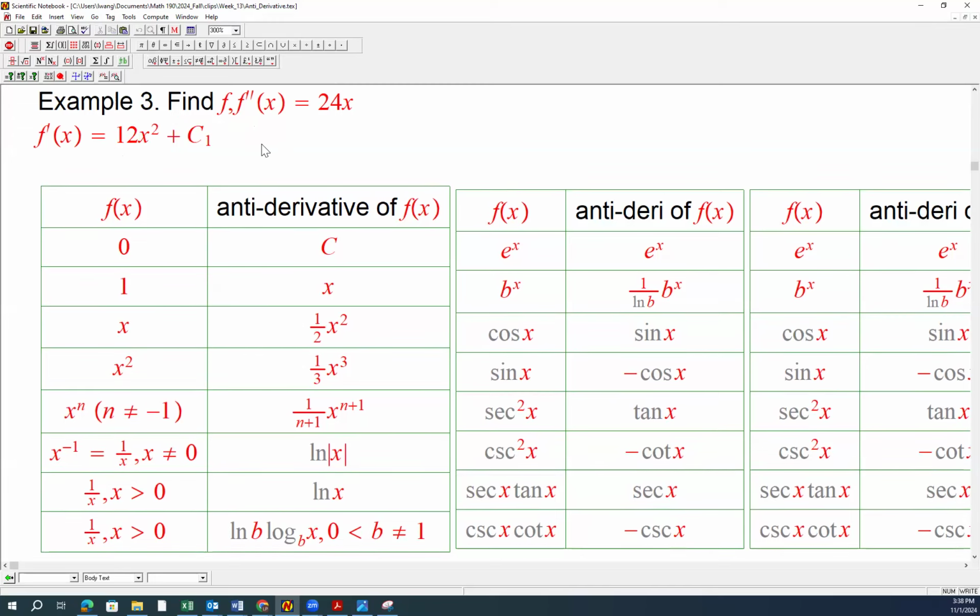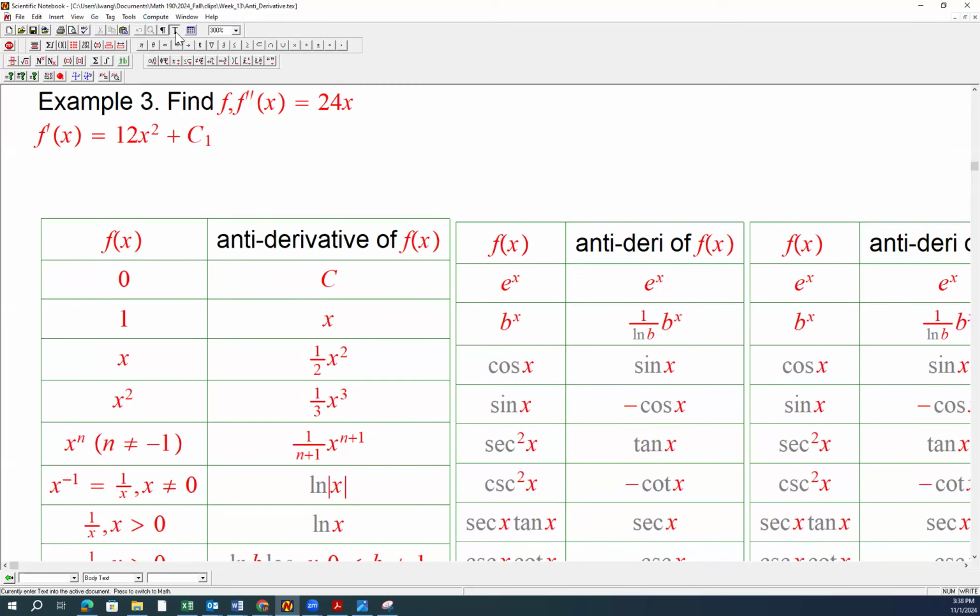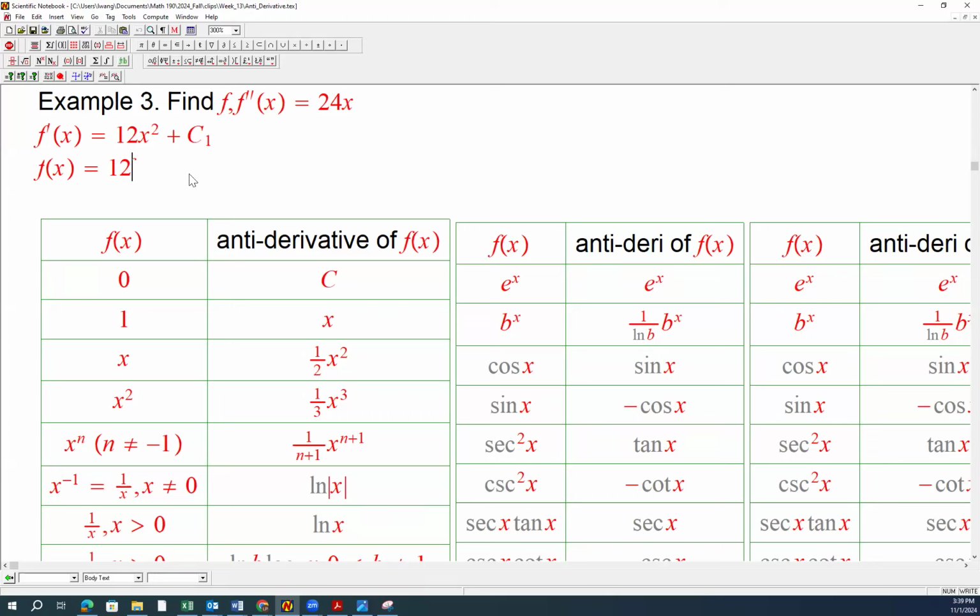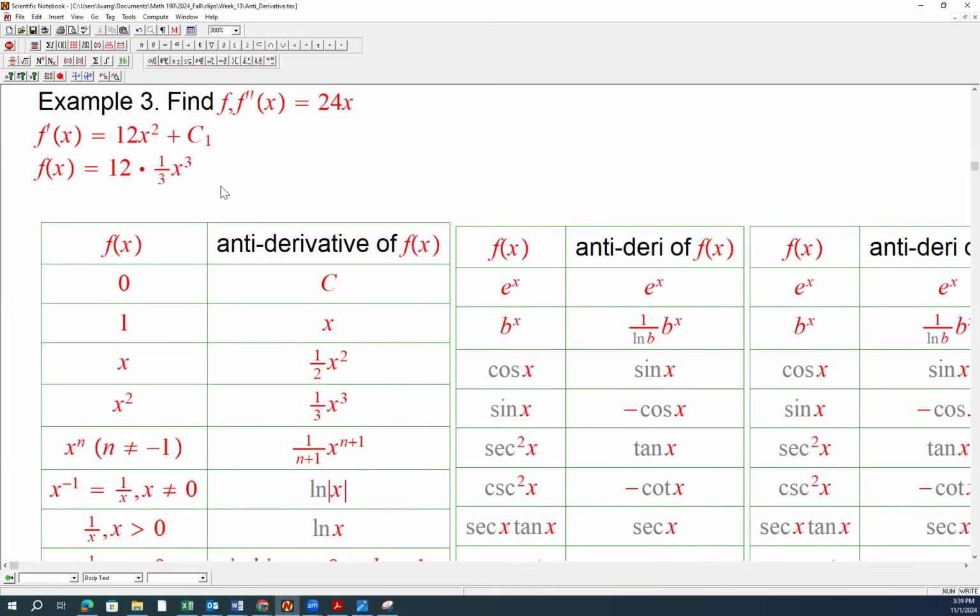And there you're done with f prime. Okay, so antiderivative one more time, because we're doing this layer by layer. So 12 times the antiderivative of x squared, which is a third times x raised to the power 3, plus c1 times x plus c2.